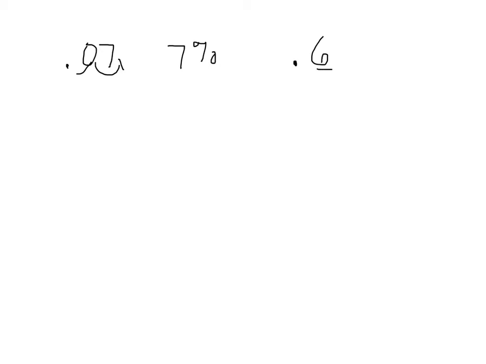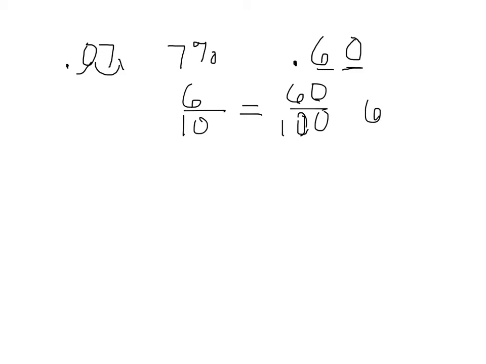And since the first 2 decimal places are hundredths, I need to put a 0 in here. 6/10 is clearly the equivalent fraction of 60 out of 100, which makes it 60%. Again, you're moving the decimal point 2 places to the right.